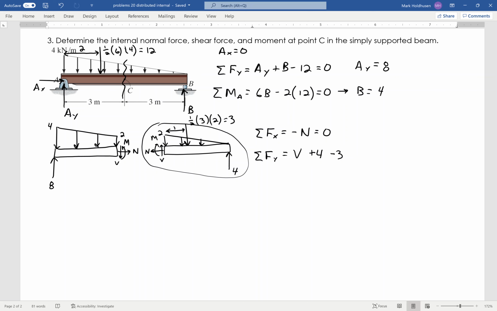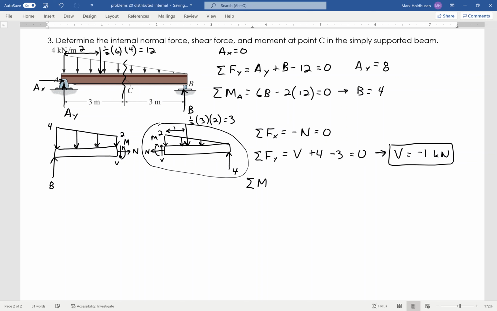From that, I easily find that my internal shear force is -1, and all that negative sign means is that I drew my shear force in the wrong direction. You'd flip them, and you'd have to flip them on both sides if that's what you want to do. You still have to follow Newton's third law. If you make an assumption of the wrong direction, you just get a negative answer, and it's okay.